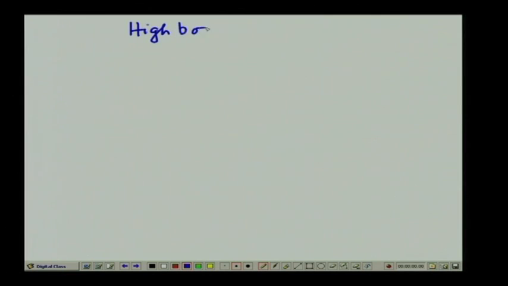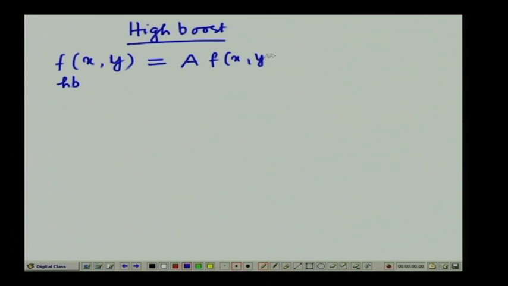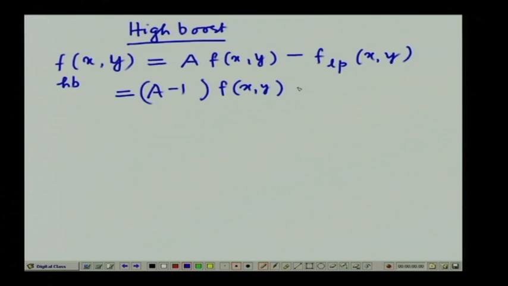There we said that in spatial domain the high boost filtering output, if I represent this as f_hb(x,y), is nothing but A into f(x,y) minus f_lp(x,y), which can be represented as (A minus 1) into f(x,y) plus f_hp(x,y), the high pass filtered output.